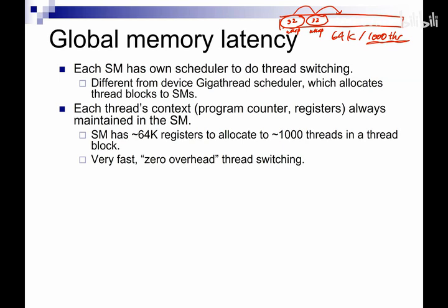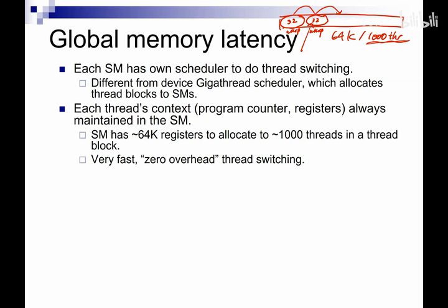Therefore, in order to switch between the registers of two different warps, you don't need to do any reading or writing. All you need to say is that instead of looking at this block of registers, I'm going to switch a pointer and go look somewhere else, over here at the next block of registers. So switching between warps of threads just involves changing the value of a pointer to look at a different set of registers.